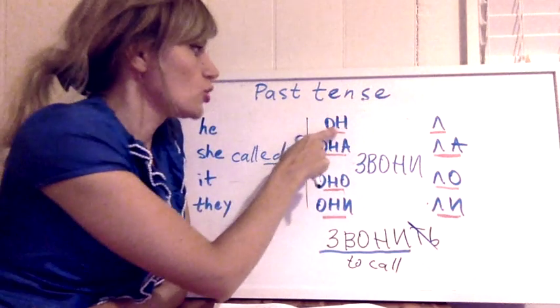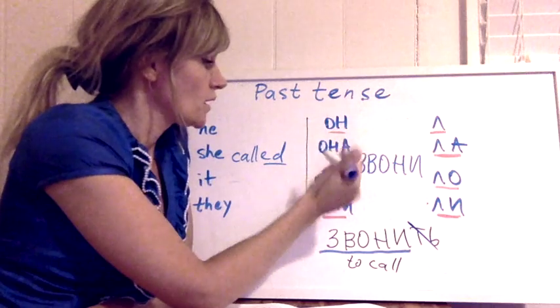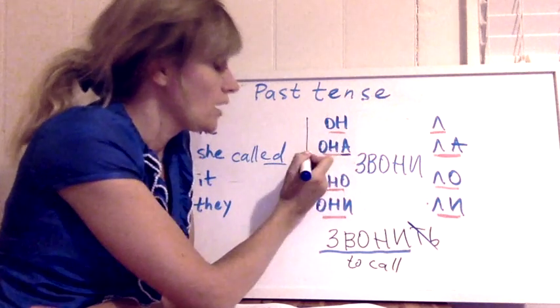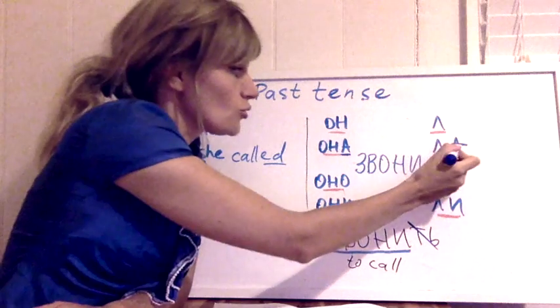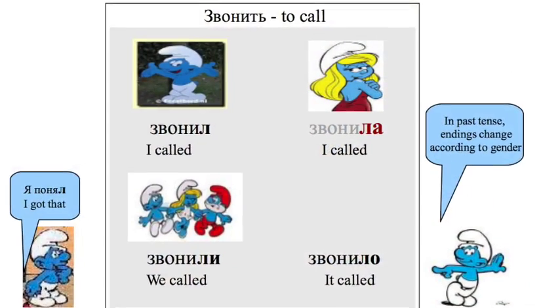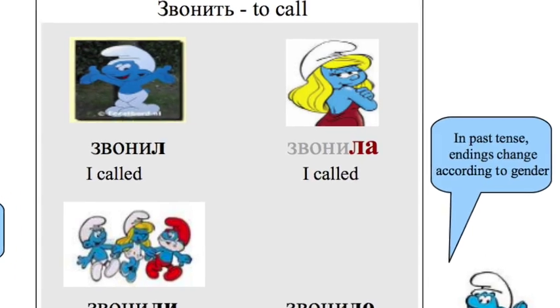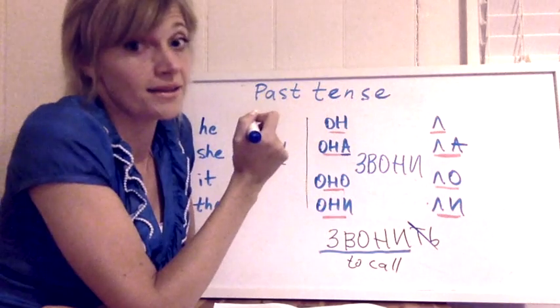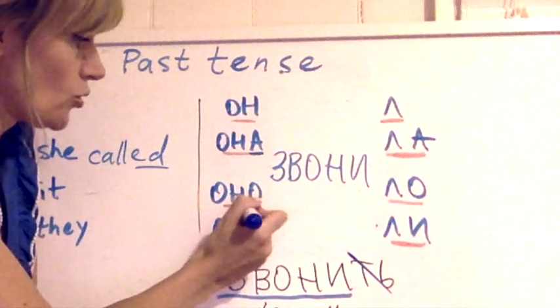It has a logic to it, like она, she, ending on a, and past tense ending on a, la, like a girl. Оно, so ending on o.